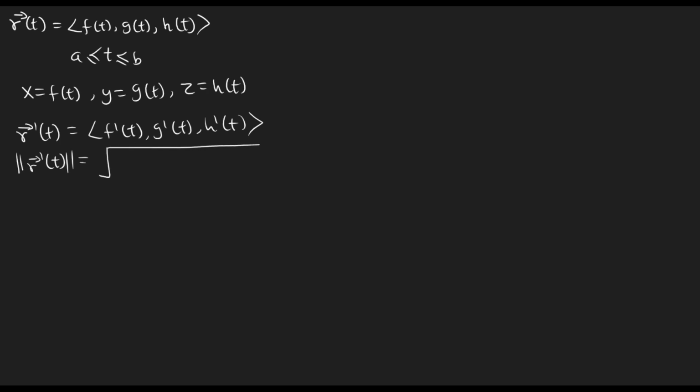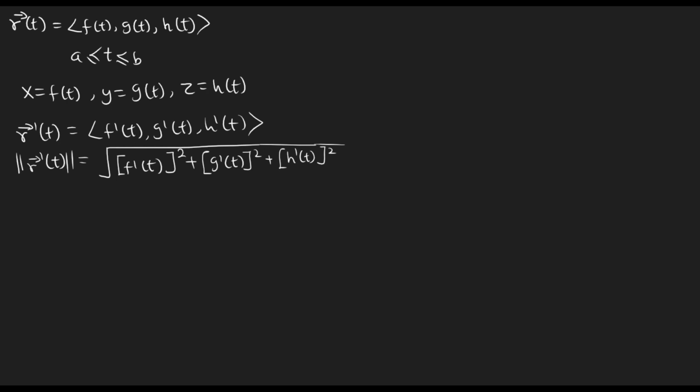The norm will be the square root of f prime of t all squared, plus g prime of t all squared, plus h prime of t all squared. This will be the expression for the norm.